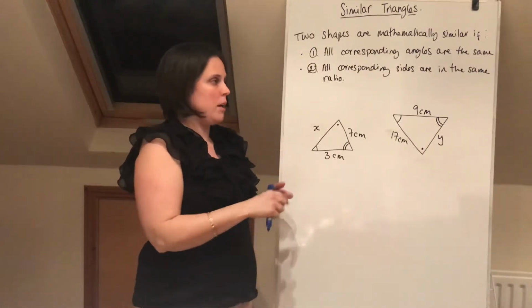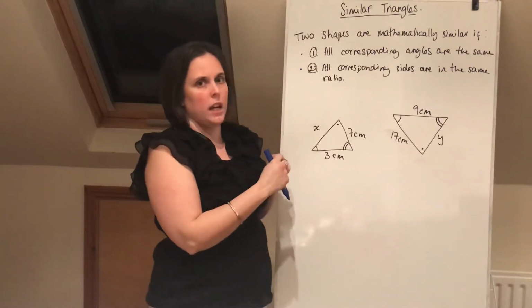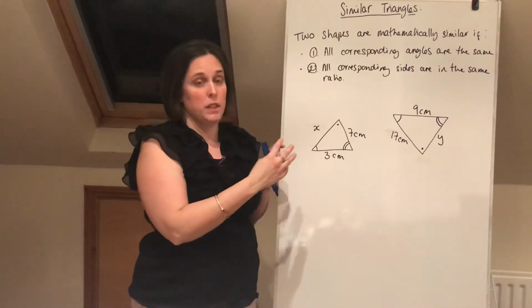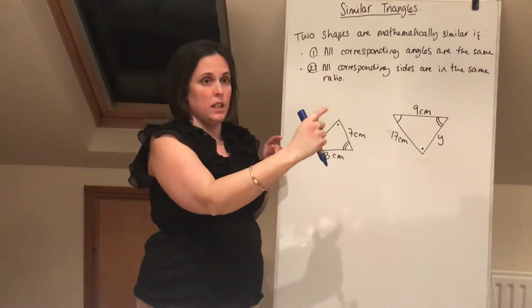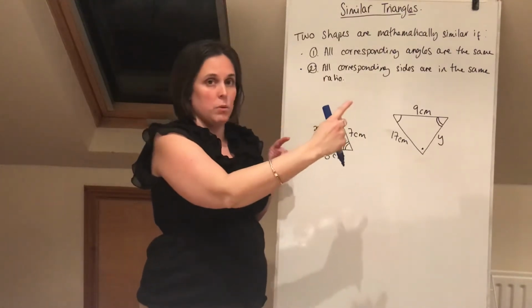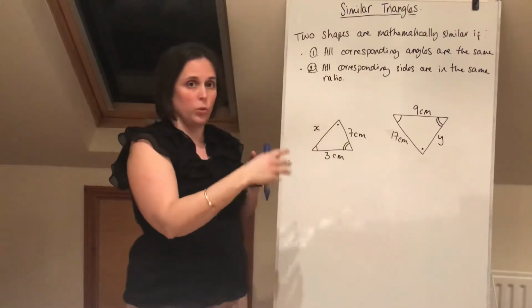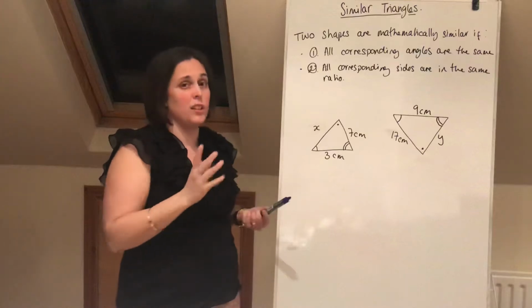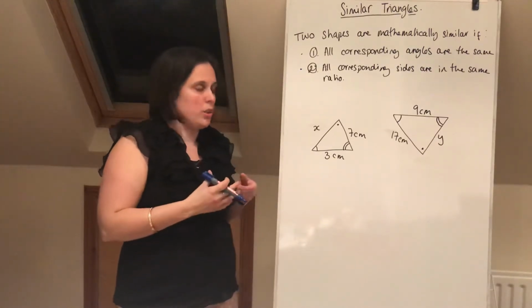So if we have a square, if all the sides of a square are say 1 centimetre each, and then you've got another square where all the sides are 4 centimetres each, the scale factor between the two is 4, so you're just multiplying each of the sides by 4 to get the other shape, and you can do that with any shape at all you like.